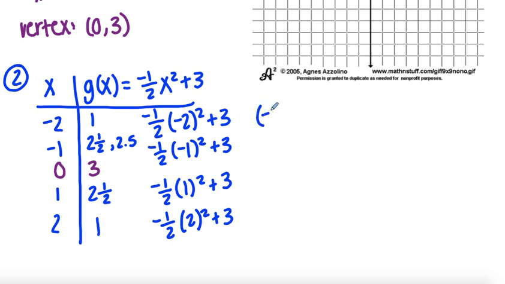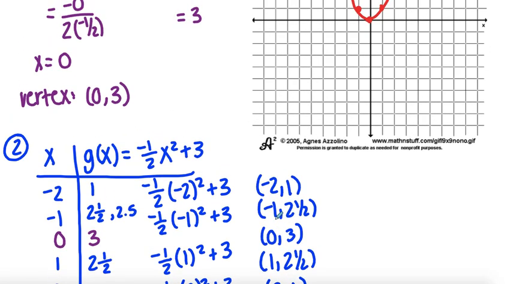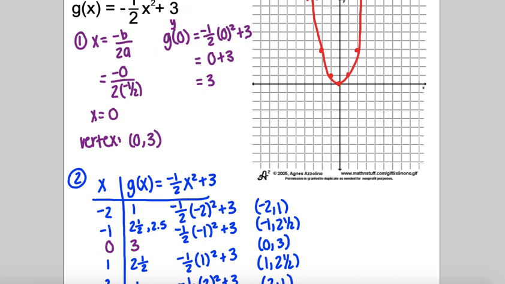So I get my points: negative 2, 1; negative 1, 2.5; 0, 3; 1, 2.5; and then 2, 1. And so now I'm going to go ahead and plot those points.